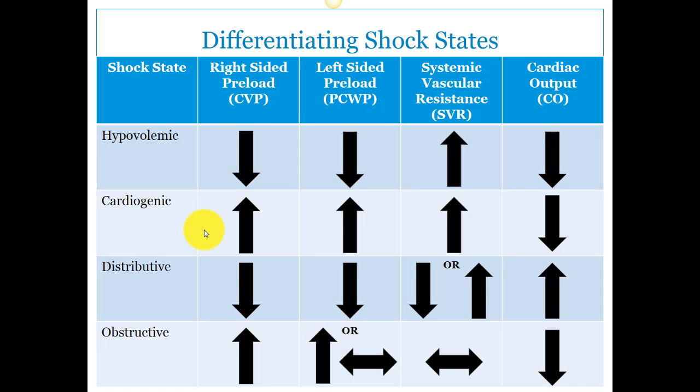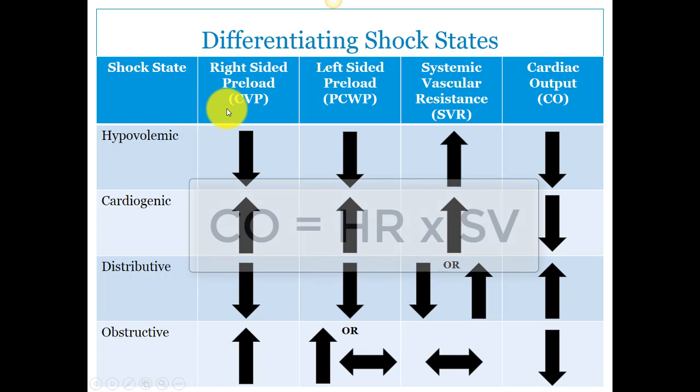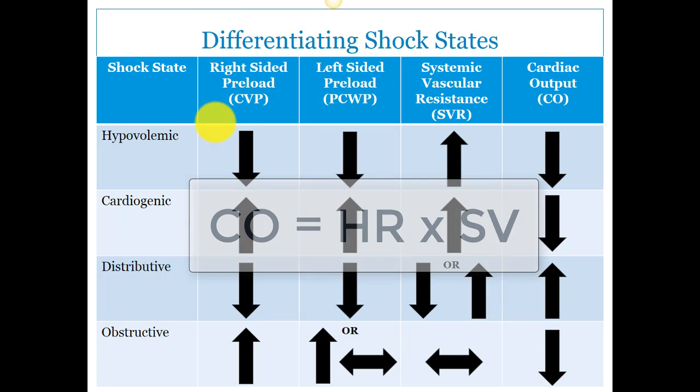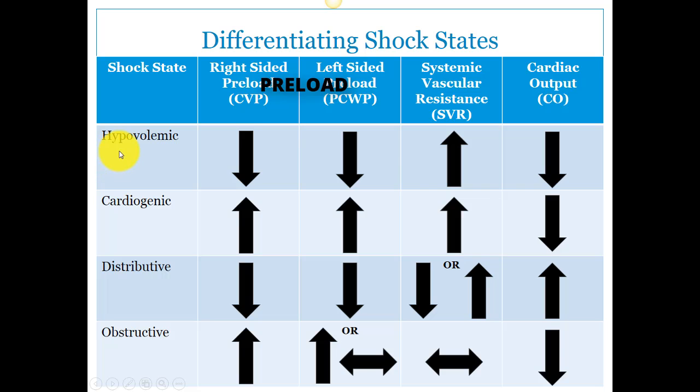In differentiating shock states, it's important to understand it from a hemodynamic parameter standpoint and, more importantly, a clinical exam standpoint. So again, when we talk about preload, afterload, and cardiac contractility, we're talking about stroke volume adding to cardiac output. So if we look at the different shock states, for example, hypovolemic shock, it makes sense that if we have less fluid, we have less fluid pressure, therefore less preload.